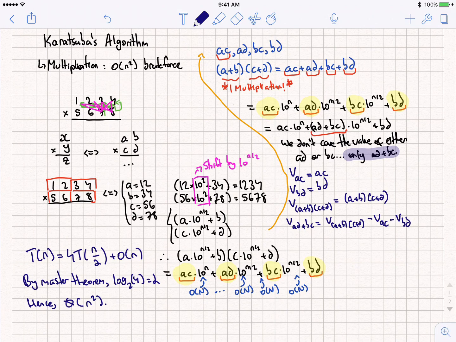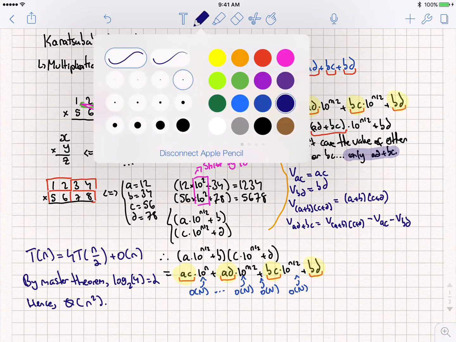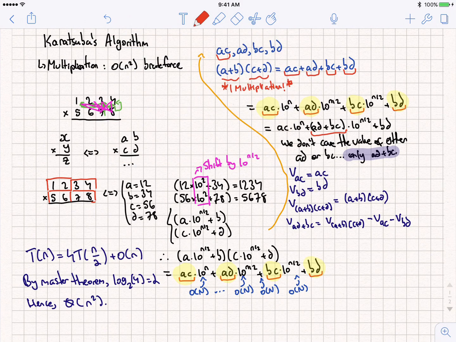Okay, so what does this actually give us? Well, we really only need to calculate three of these terms: V of AC, V of BD, and this one. Then essentially we reduced our amount of calculations to 3 because these are just using the existing values from before.